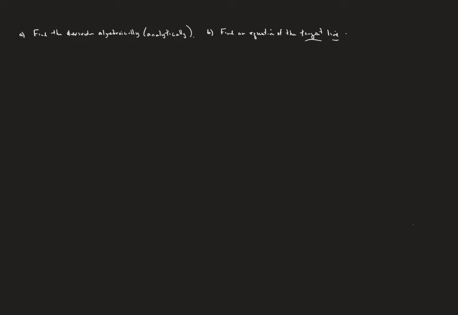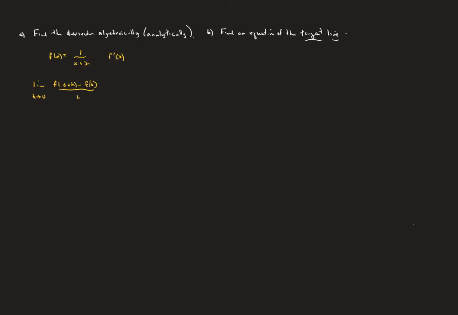Okay, so here's our first function. We're going to say f of x is going to equal 1 over x plus 2, and we are going to find f prime of 0. Okay, here's how we find f prime of 0. We're going to take the limit as h goes to 0 of f of 0 plus h minus f of 0 all over h.